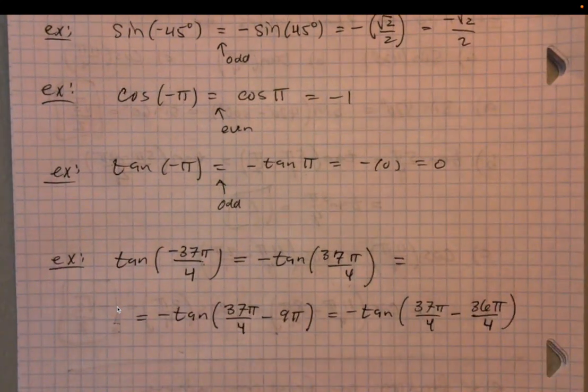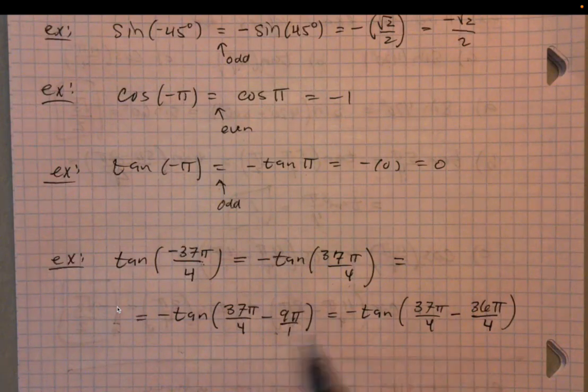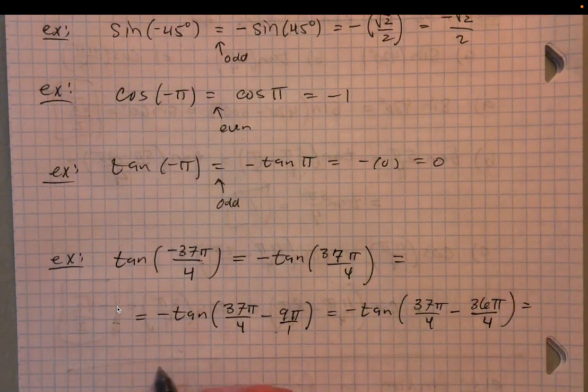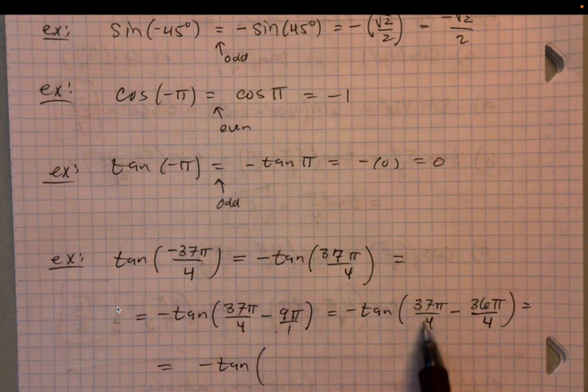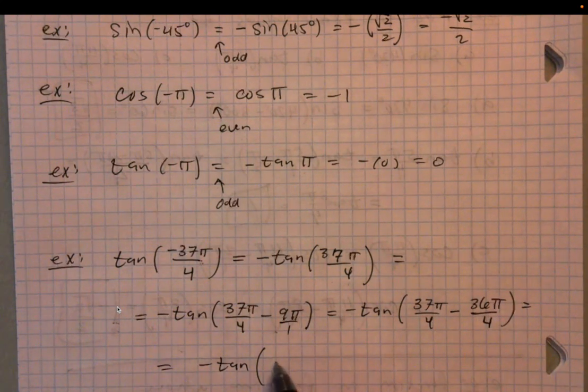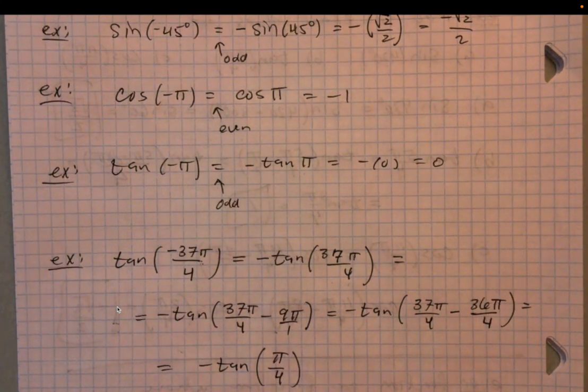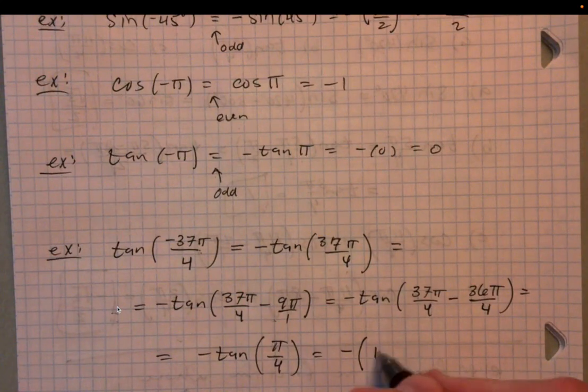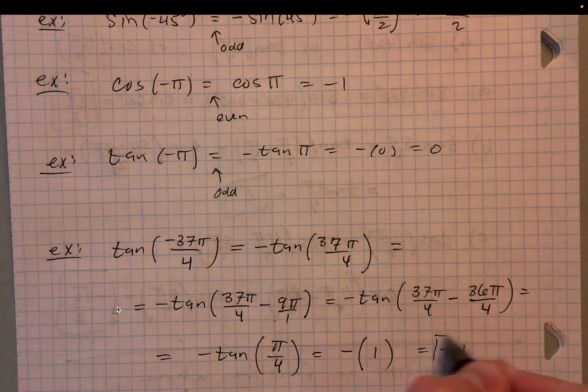Right, when I get a common denominator, this is really 9 pi over 1. And so then this is equal to negative tangent of 37 pi over 4 minus 36 pi over 4. That's just pi over 4. Which we know the tangent of pi over 4 is just 1. And so the answer is negative 1.